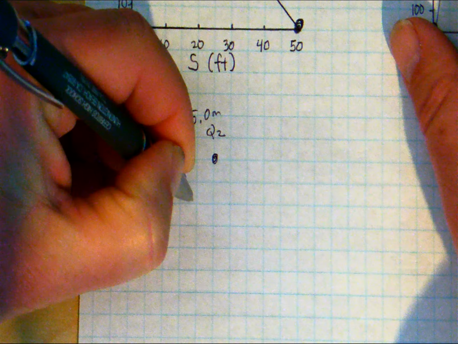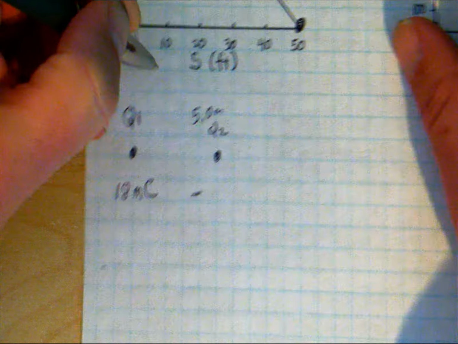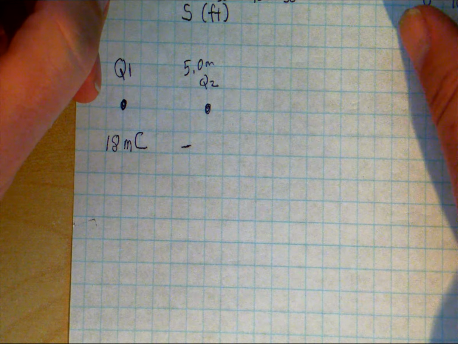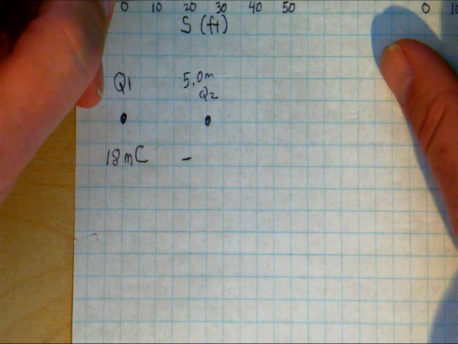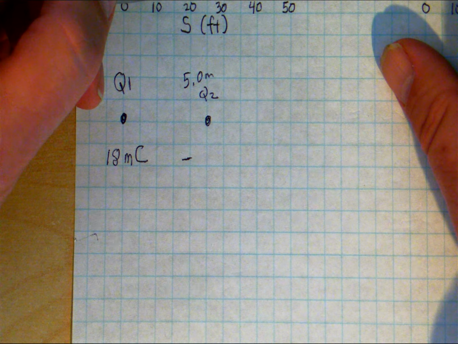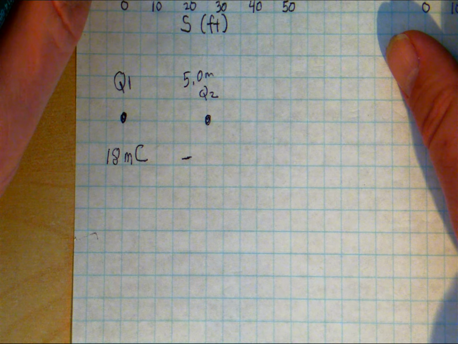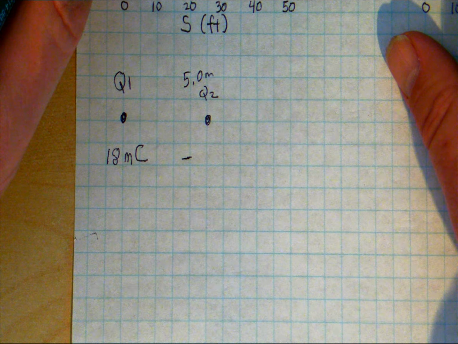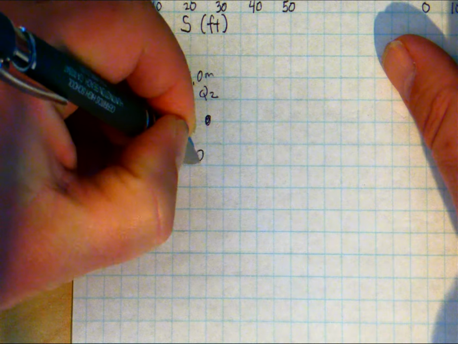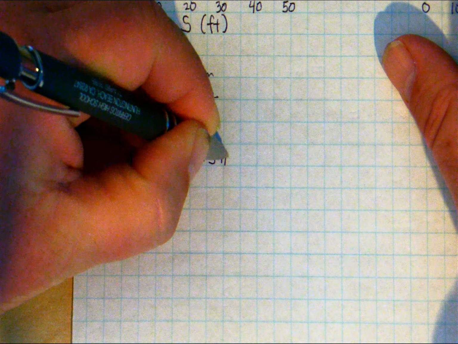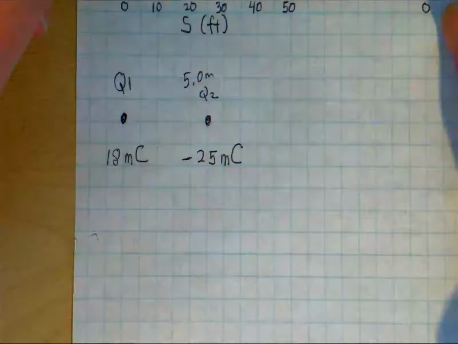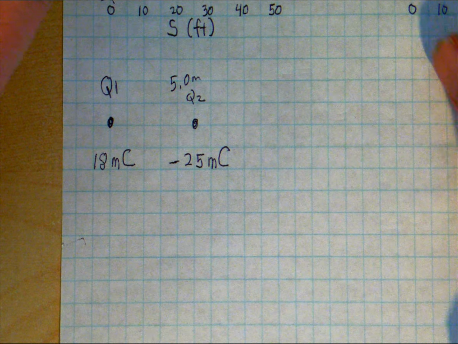And some random integer number. I will do that part. Just give me some random number. Okay. And I am going to make it units of millicoulombs. Yes. Negative 25 millicoulombs. All right.